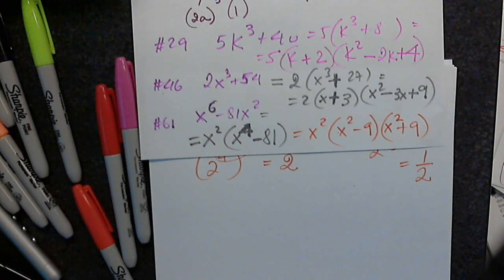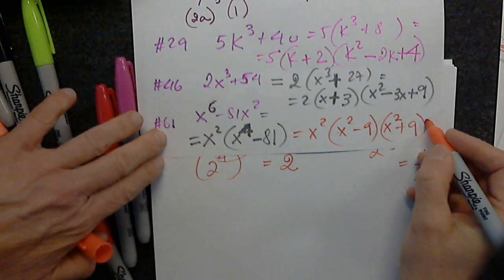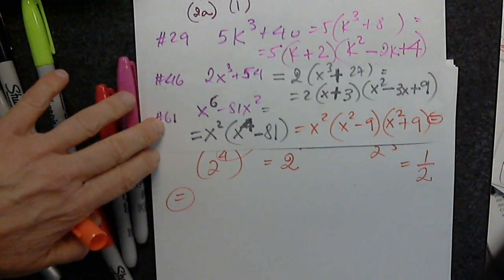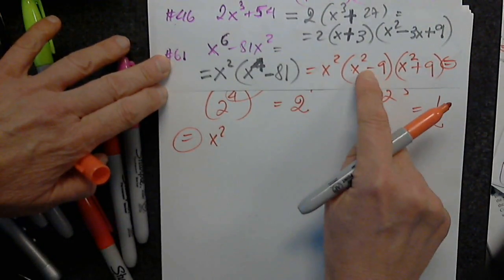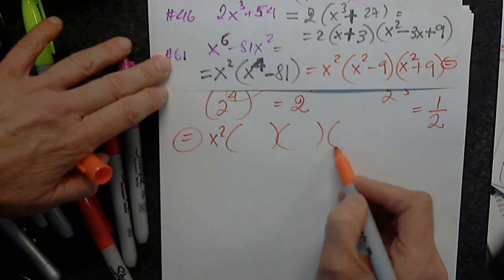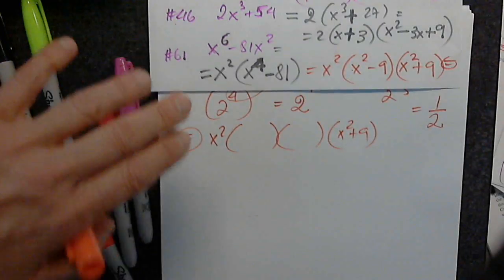X squared minus 9. Now there is nothing I can do to the other. What about x squared plus 9? Can I factor x squared plus 9? No, because it's the sum of squares. Can I still factor x squared minus 9? Yeah, because it's the difference of squares. So it's not done until it's completely factored. So I'm continuing here. X squared minus 9, once you say it's a difference of squares, what would you give?